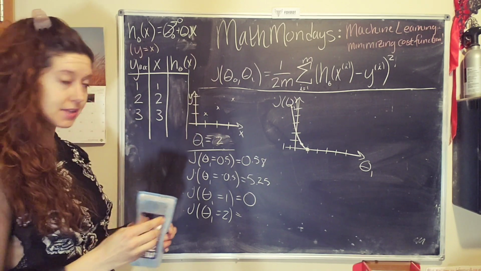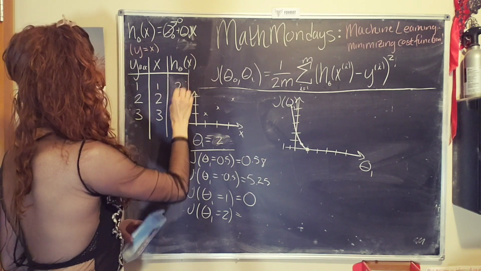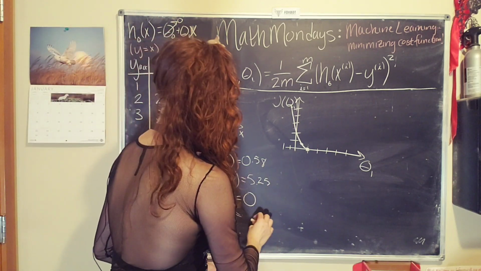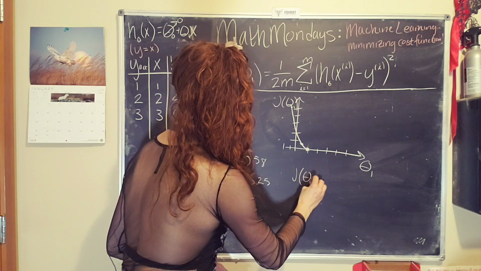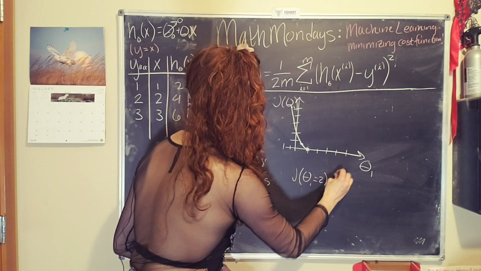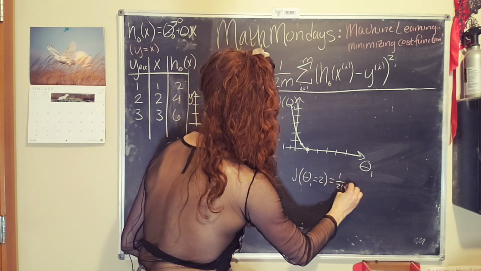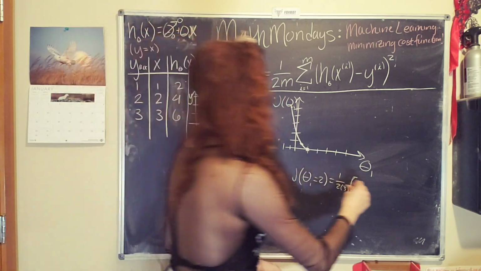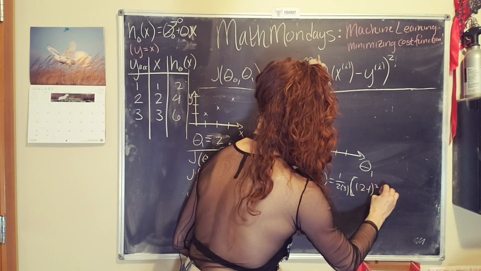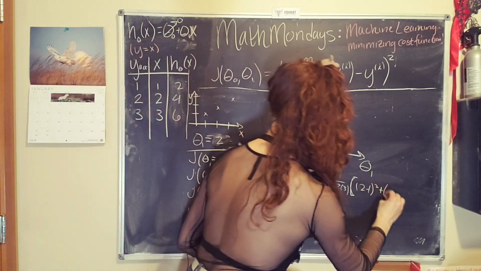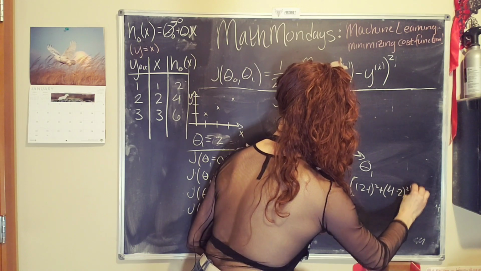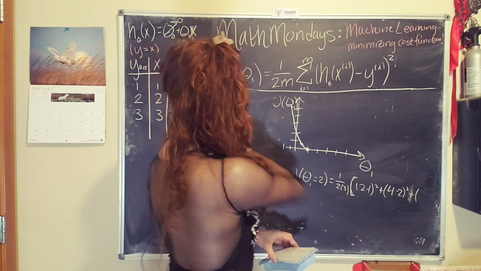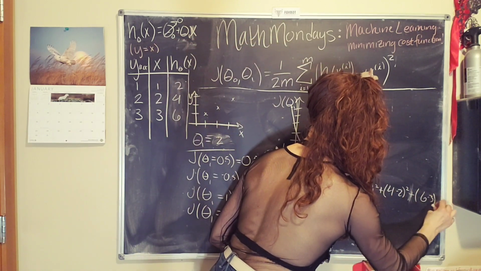And in this case, we would get 1 times 2 is 2, 2 times 2 is 4, 3 times 2 is 6. And J of theta 1 equals 2 equals 1 over 2 times 3 of (2 minus 1) squared plus (4 minus 2) squared plus (6 minus 3) squared.